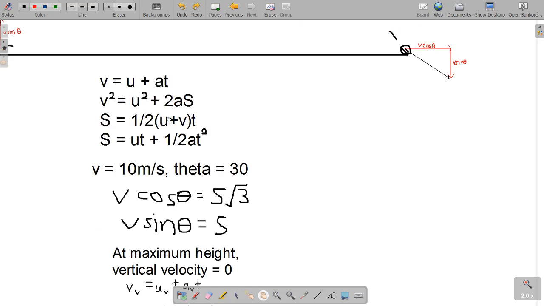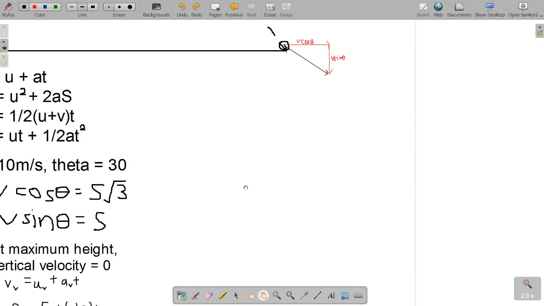We know U, we know V, we know T, but we don't know S, so we can use S equals half (U plus V) times T. So vertical displacement equals half times the initial vertical velocity plus the final vertical velocity, times the time.